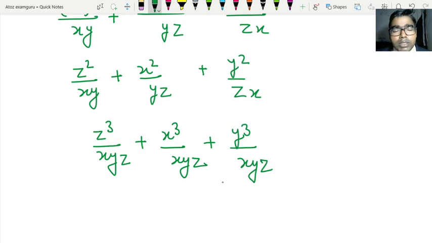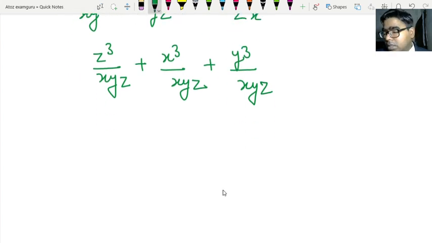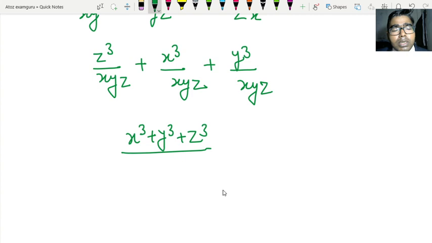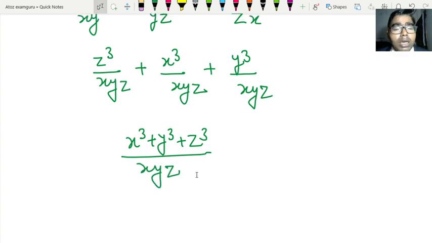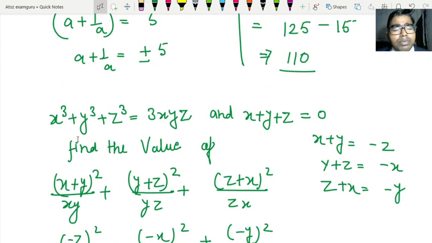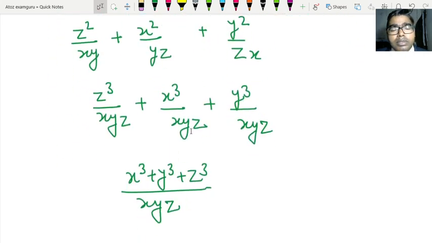And now you can write all this as x cube plus y cube plus z cube divided by xyz, right friends? And in the very starting, the value of x cube plus y cube plus z cube is given to you, and that is 3xyz.